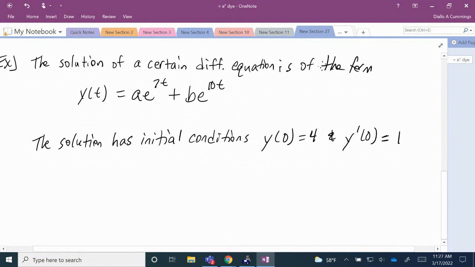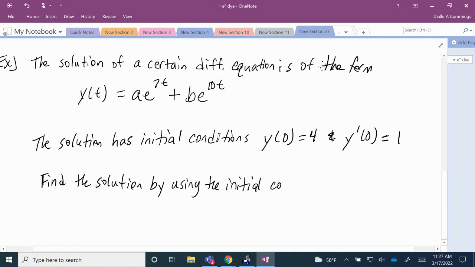So those are the given initial conditions. And we're asked to find the solutions by using the initial conditions to get linear equations for A and B.